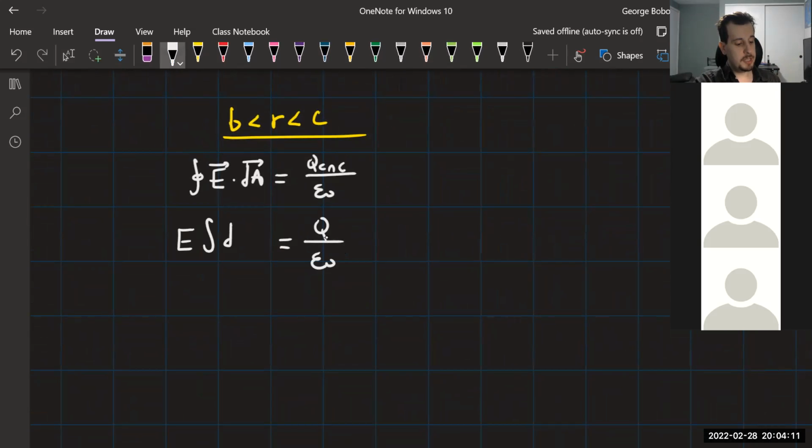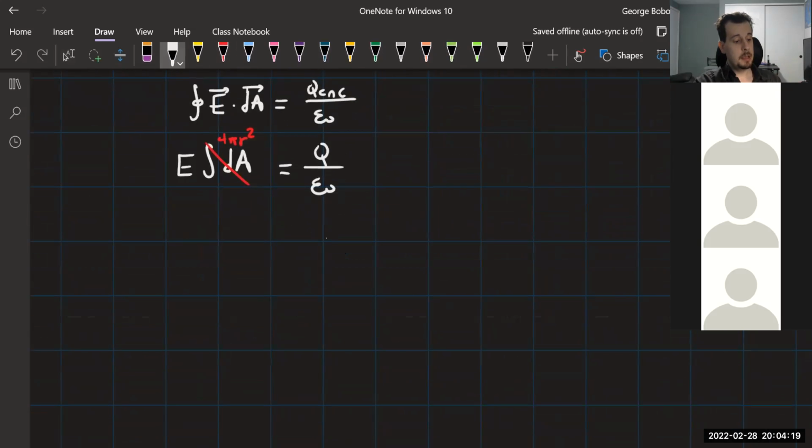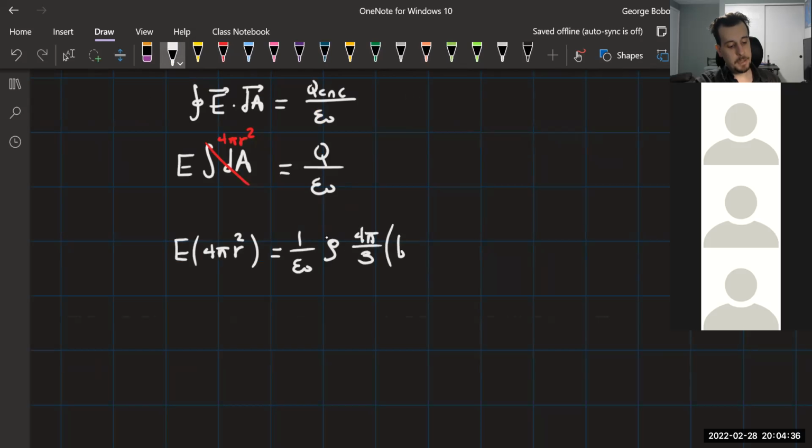We just have to put down the area of the Gaussian surface, which is still and always will be for this problem, 4 pi r squared. So, we're coming in. Got a 4 pi r squared in here. We got the 1 over epsilon naught here. And then what Kelly said. So rho 4 pi over 3 B cubed minus A cubed is the charge enclosed.